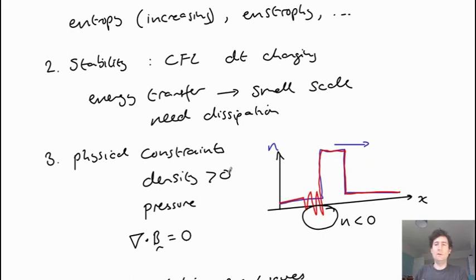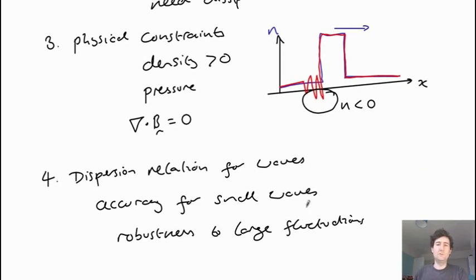For example, if you're looking at fluctuations in the core of the plasma, typically this density constraint is not a big problem, because if your density has small oscillations, the background density is so high that you're very unlikely to get negative densities. Whereas in the edge of the plasma, this can be a big problem, and that changes the choice of numerical schemes.